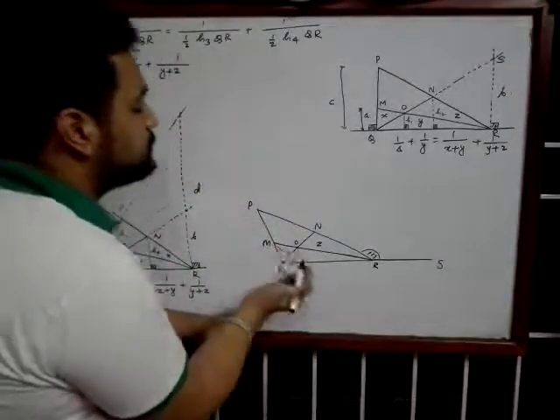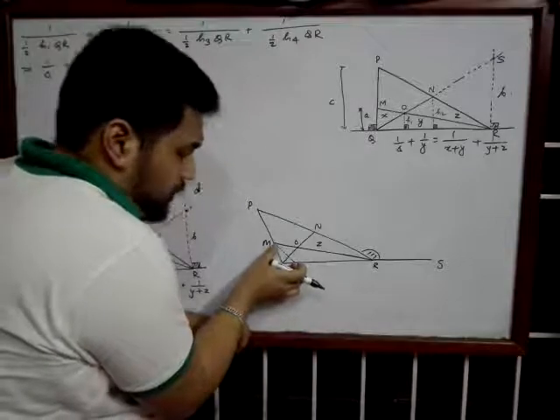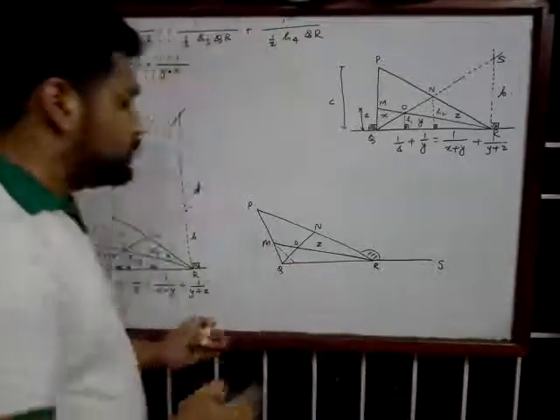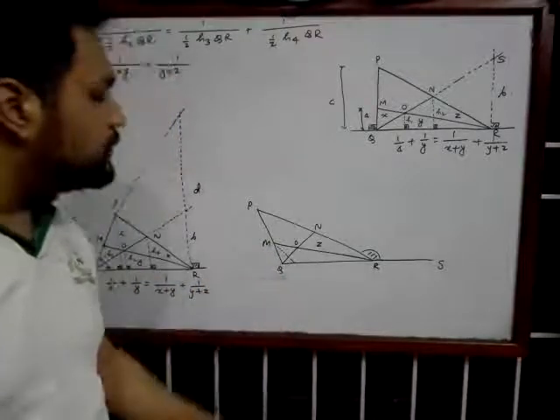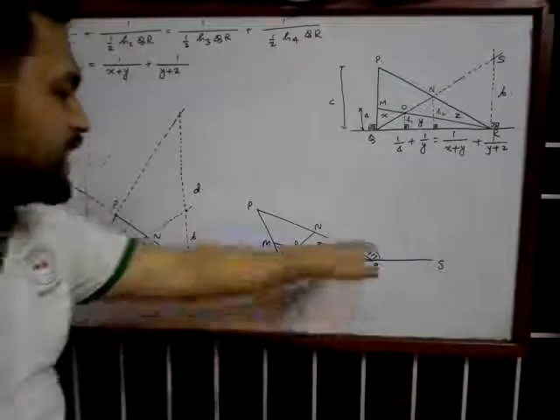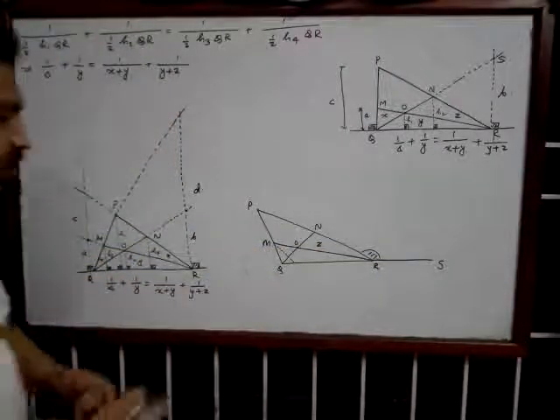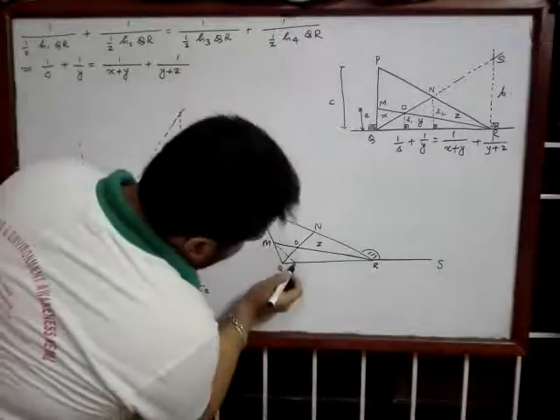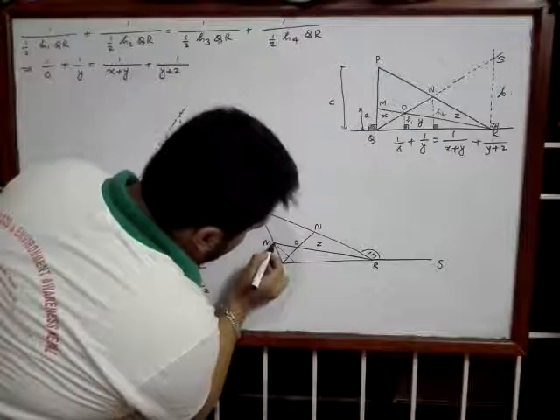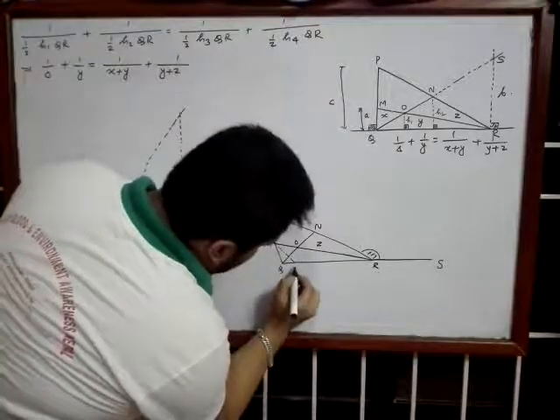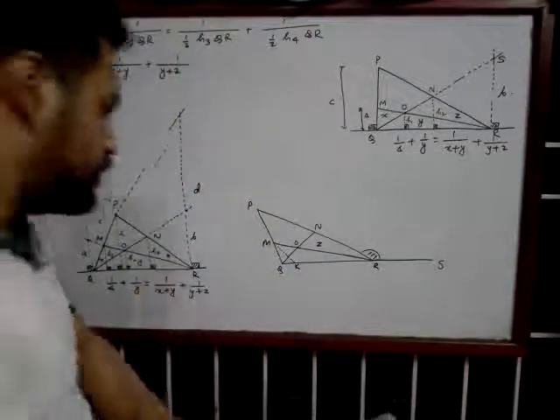So this triangle is possible. Now draw lines parallel to this line. It's up to you which angle you want to choose. It must be greater than this angle and less than this angle, this shaded angle. Once you've chosen that angle, you can construct it passing through M. Let's say this is K, MKS is the angle you have chosen.